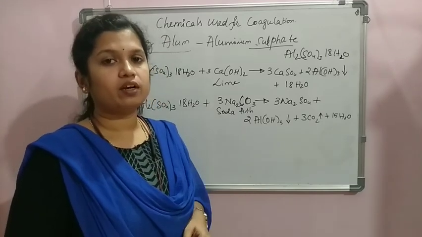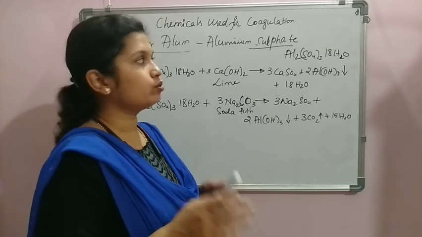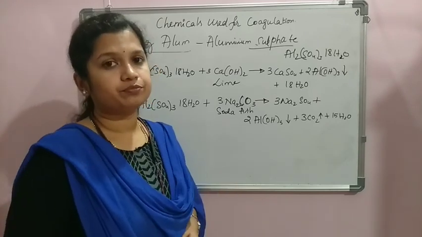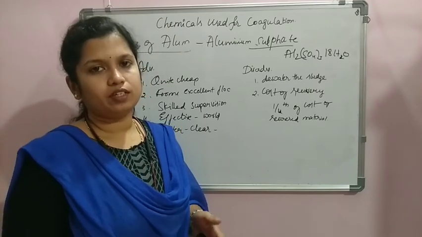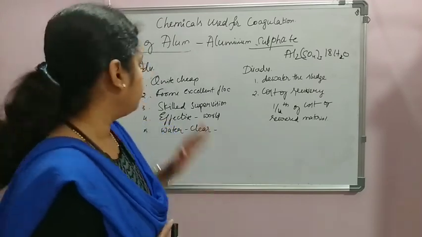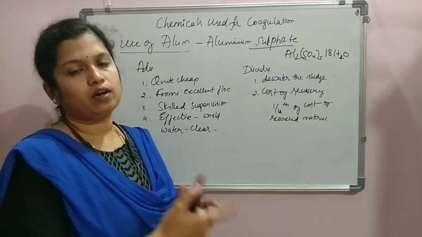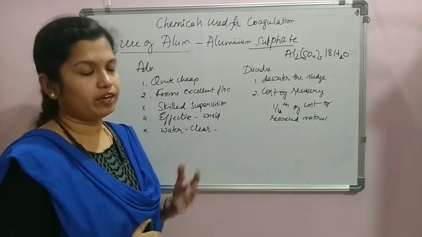Let us now check what are the advantages and disadvantages of using alum as a coagulant. Let us first check the advantages. It is quite cheap when we compare it to other types of coagulants we are using.